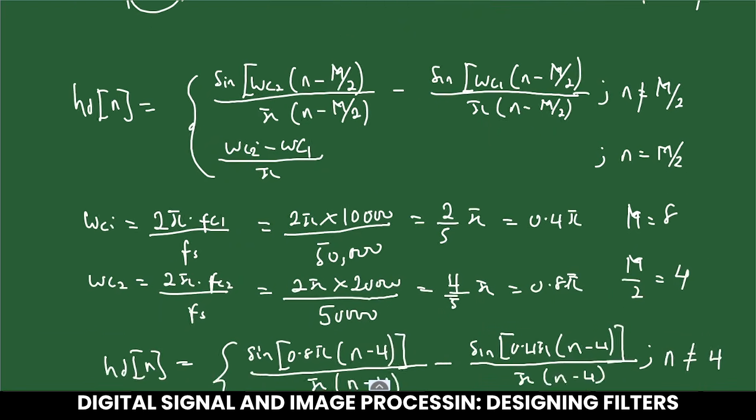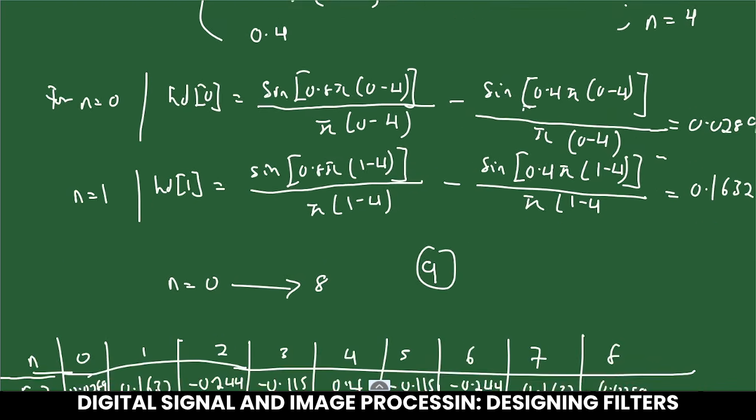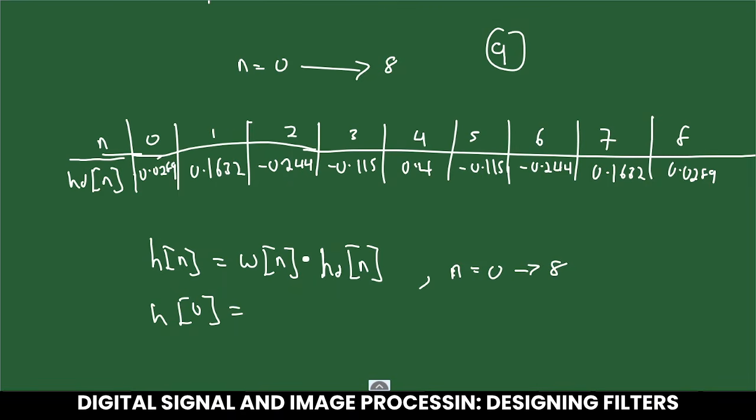So 0.08 multiplied by our HD of n when n is 0, that's 0.0289, which will give us 0.002312.